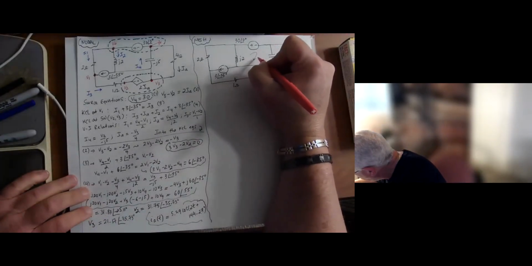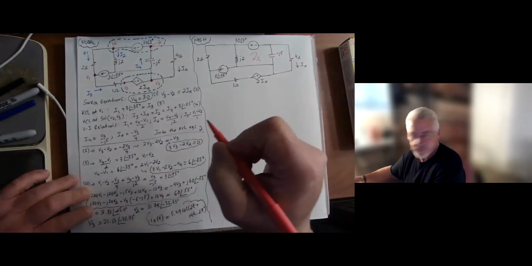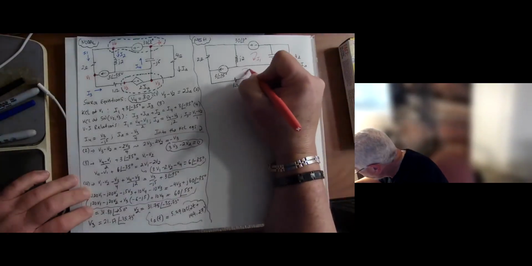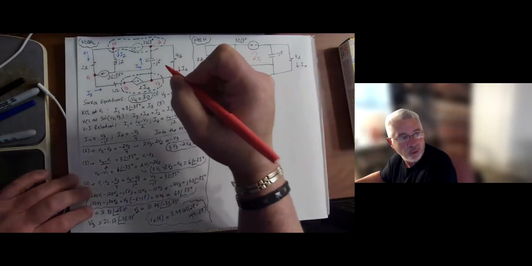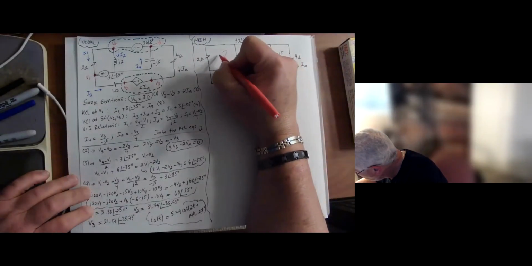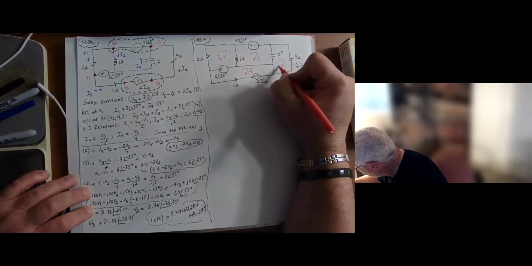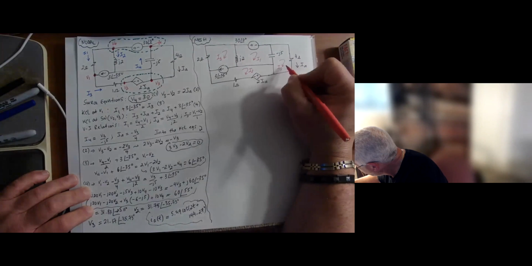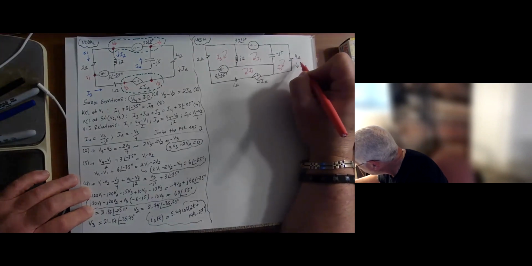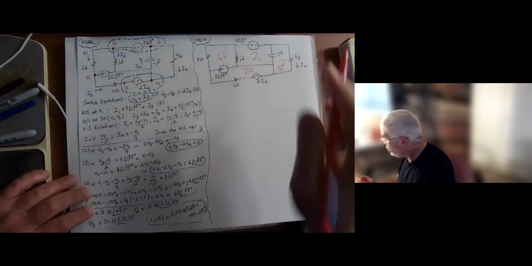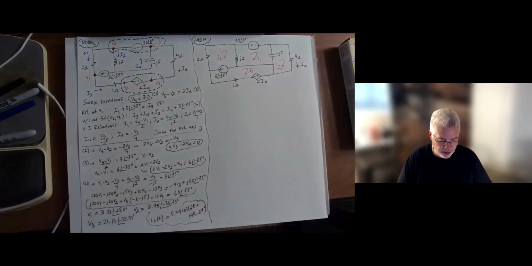I'm going to say mesh I1, mesh I2, mesh I3. And of course, I can call this mesh IA because that is the same current here. IA is the current on the 4 ohm, and having this mesh current, that also matches that.